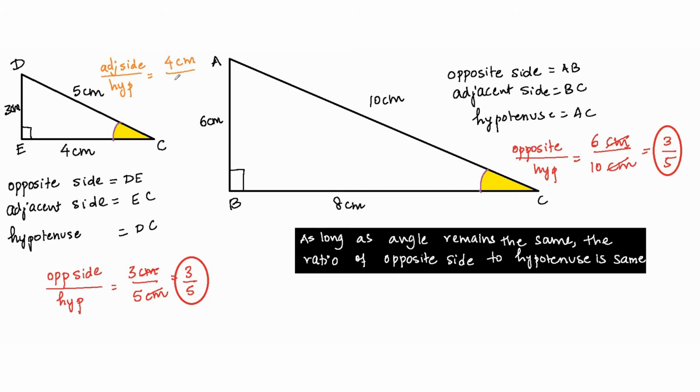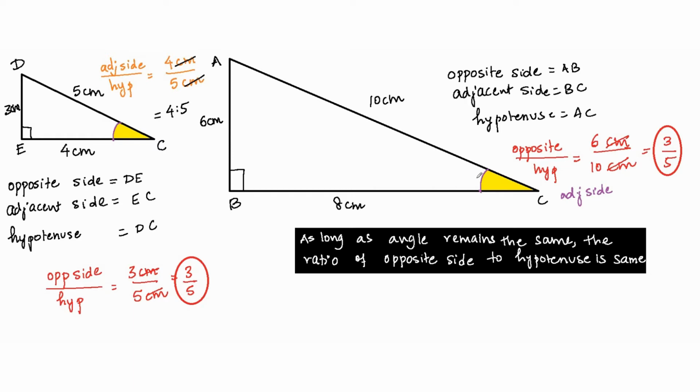divided by the hypotenuse is 5 centimeters. Centimeter cancels, so the ratio is therefore 4:5. Whereas in case of the larger triangle or the enlarged triangle, let us find the ratio of adjacent side to the hypotenuse. So what is the adjacent side with respect to angle C? 10 centimeters is counted as the hypotenuse.